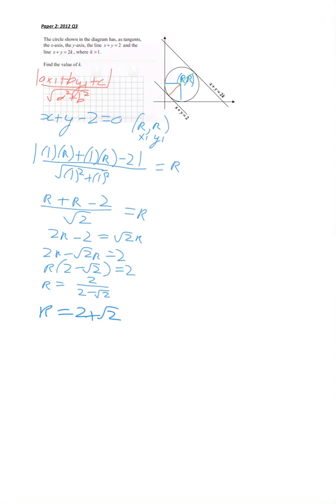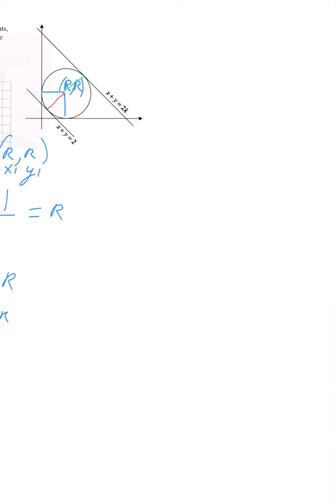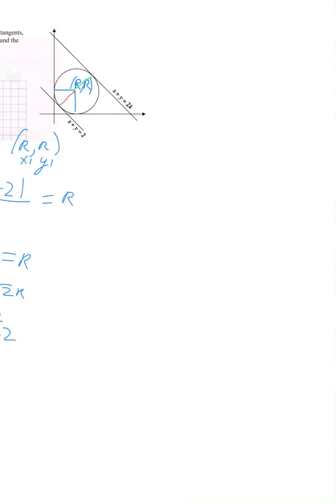Okay, so that is going to be our radius now. So I'm going to do the exact same thing now, just with the other equation. So let's do that over here. Again, I'm going to have ax1 plus by1, then plus c over the square root of a squared plus b squared. And now my line is going to be x plus y minus 2k, point r and r.